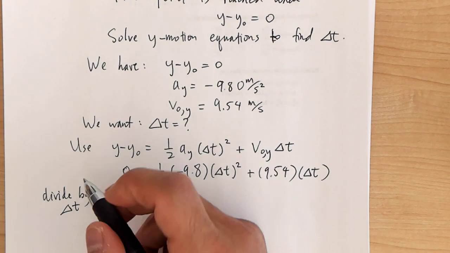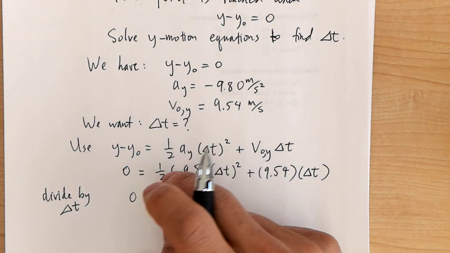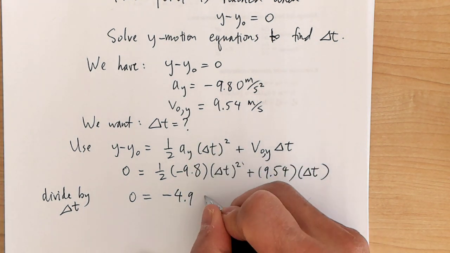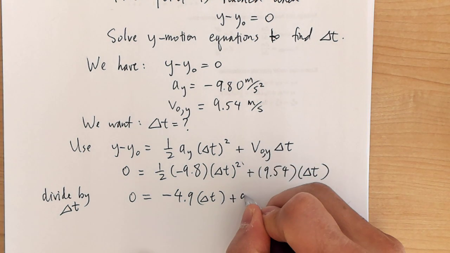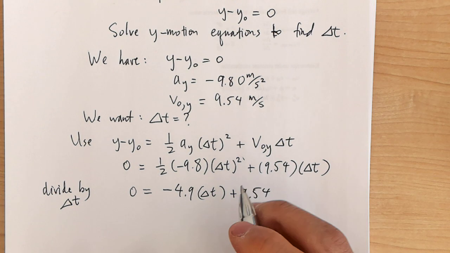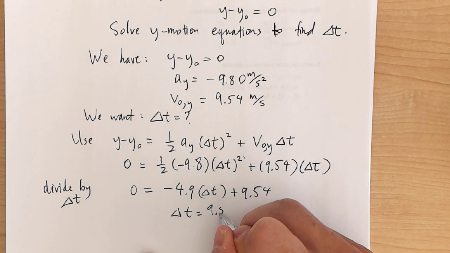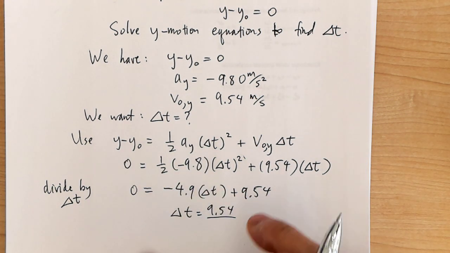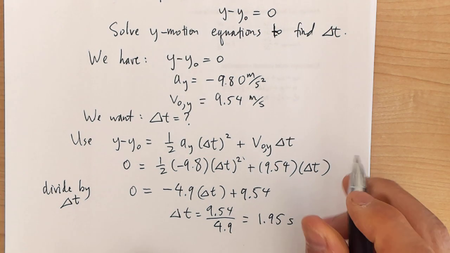So we'll divide by delta t, and let me simplify this: minus 4.9, and then one of the delta t's goes away and it becomes delta t, plus 9.54. And I can solve for delta t very simply. It's going to be 9.54 divided by 4.9, and I'll get 1.95 seconds.